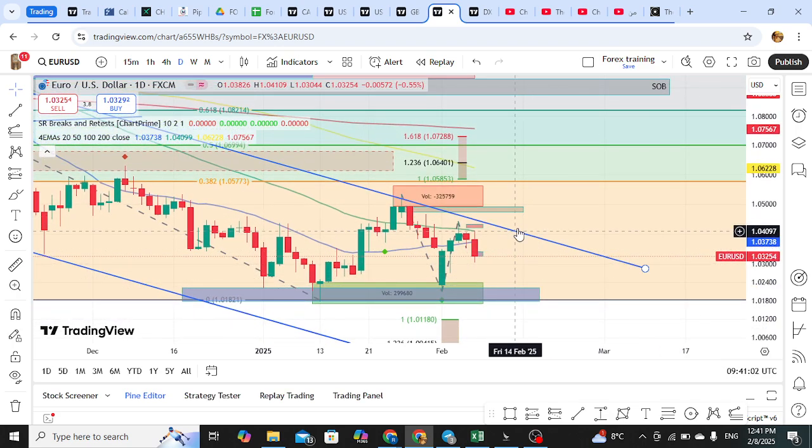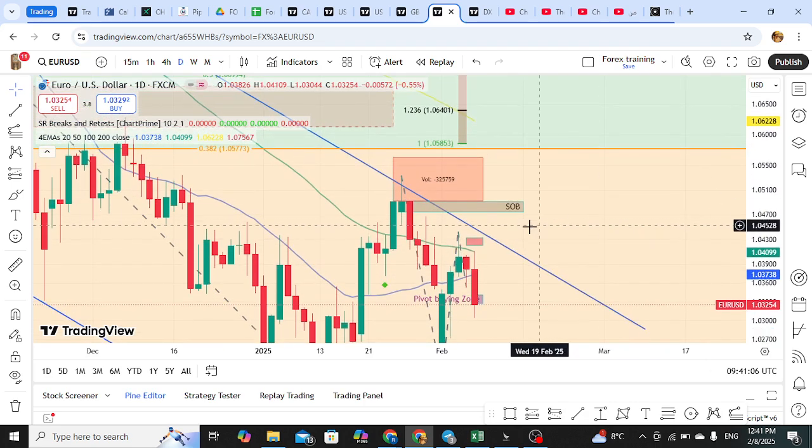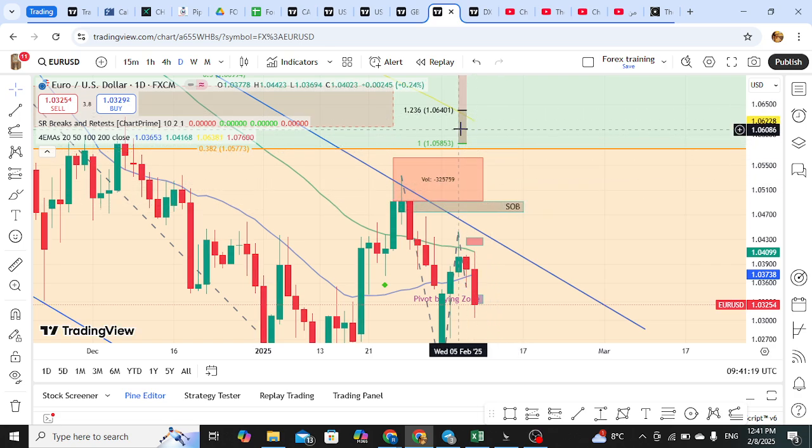We can see here this one is an order block, and this one is resistance, and this is an ABC. So there are different points where price could reflect from, and this is the Fibonacci 0.382 level.